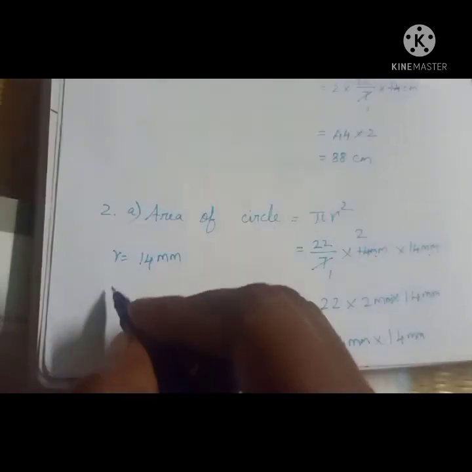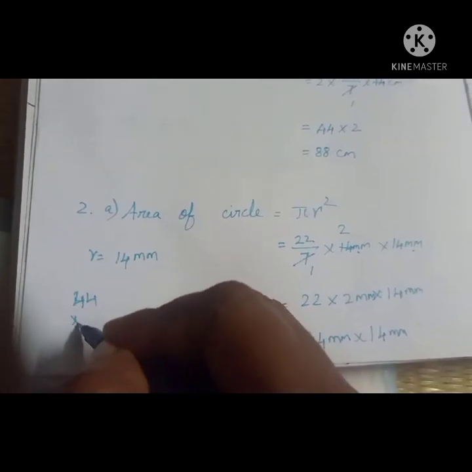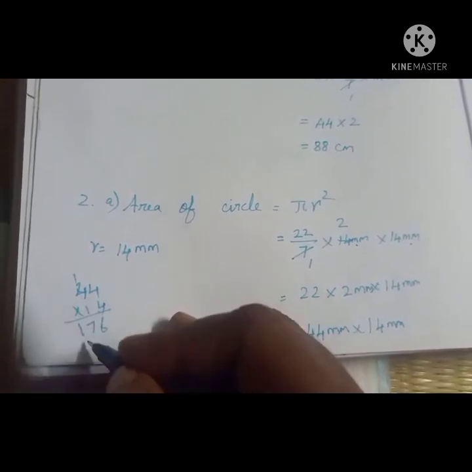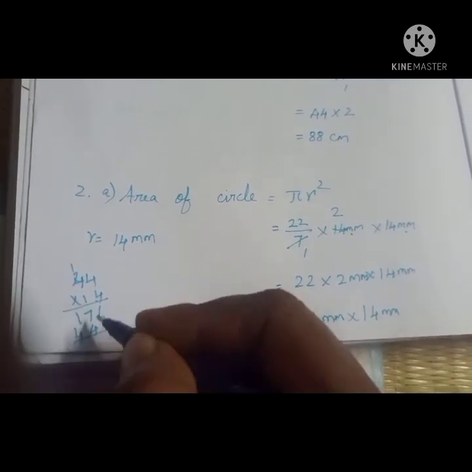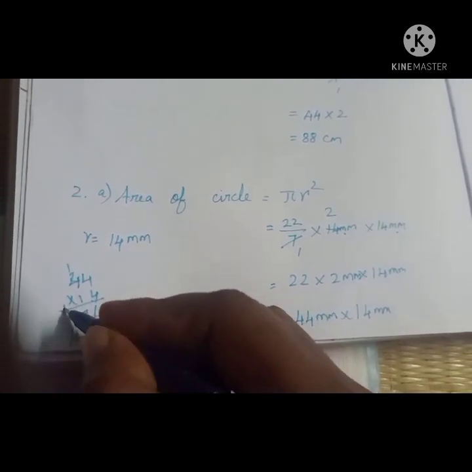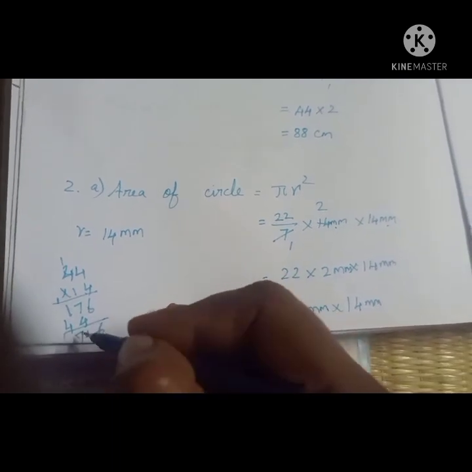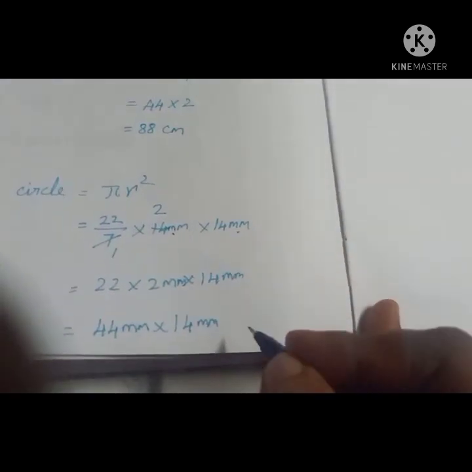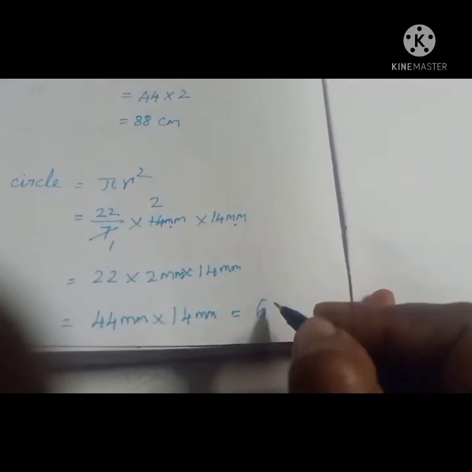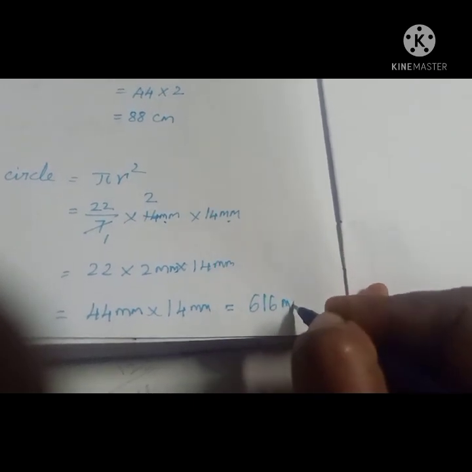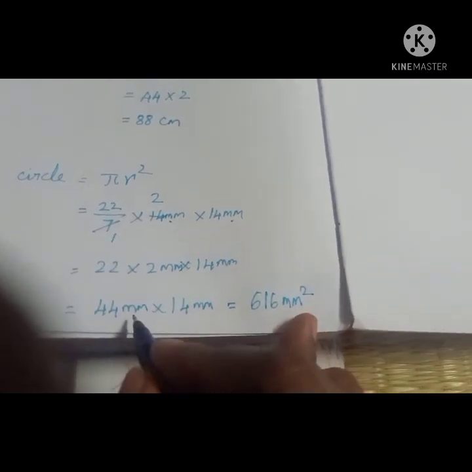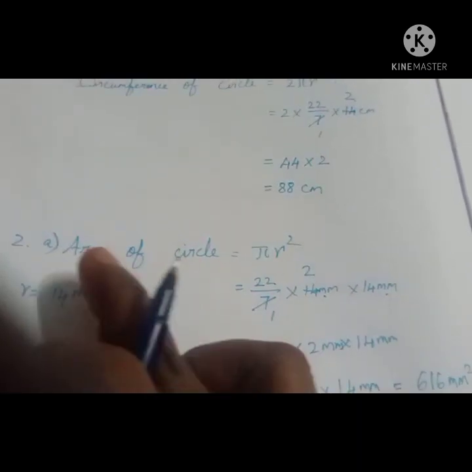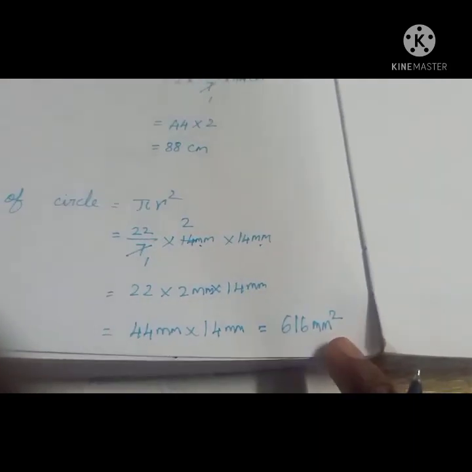So finally 44 into 14, 4 4s are 16, 4 4s are 16 plus 1 17, 1 times 4, 1 times 4, 6, 11, 616 millimeter square. 2 times multiplying millimeter, you'll get millimeter square. Always the area will be in square unit.